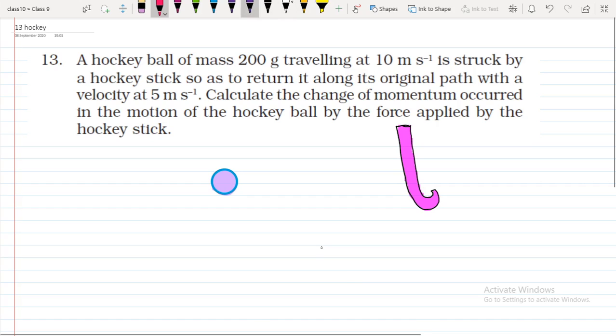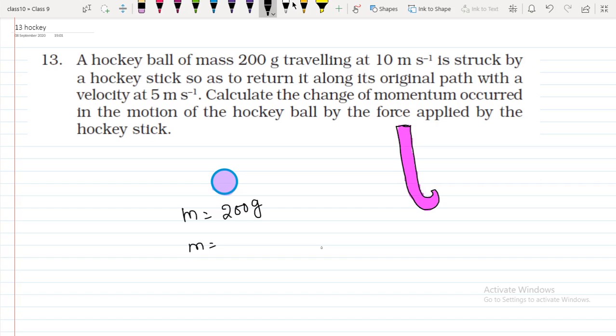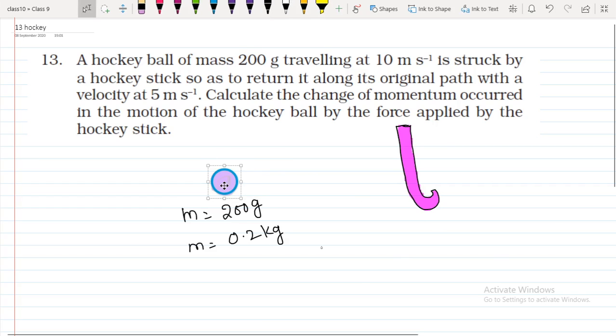So they are given that a hockey ball, its mass equal to 200 grams. We will write that in terms of kg. Therefore mass of hockey ball equal to 0.2 kg, and this hockey ball is moving and striking the hockey stick. Here it is the hockey stick. Now after this ball hits the hockey stick, what happens?